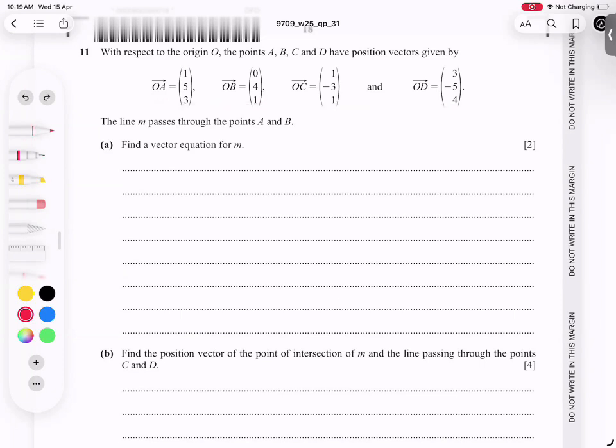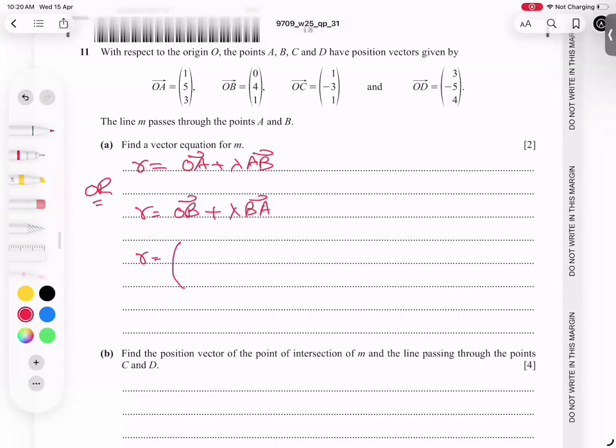So how to get the equation of a line? I'm writing r equals, I have two ways, OA plus lambda times AB, correct? Or second option, r equals OB plus lambda times BA. I can use any one, but I'm using the lower one.